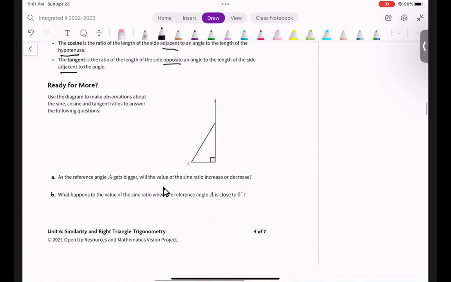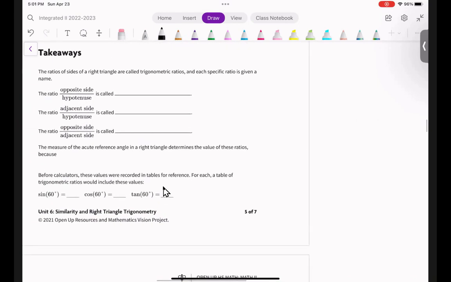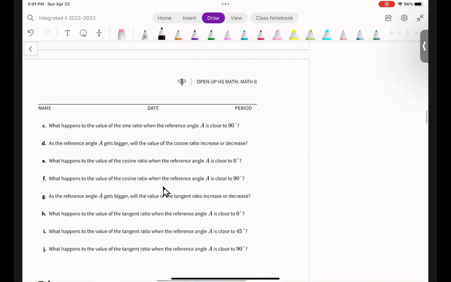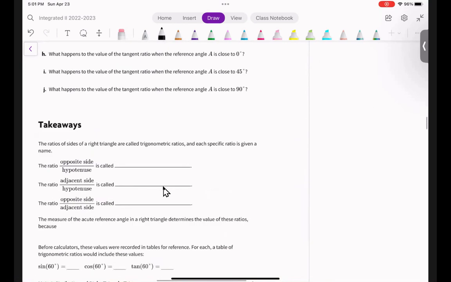Okay. So down here, it says your takeaways. The ratio called opposite over hypotenuse is called what? OH. And you're like, which one of these three is OH? And you're like, oh, it's SOH, which means sine.